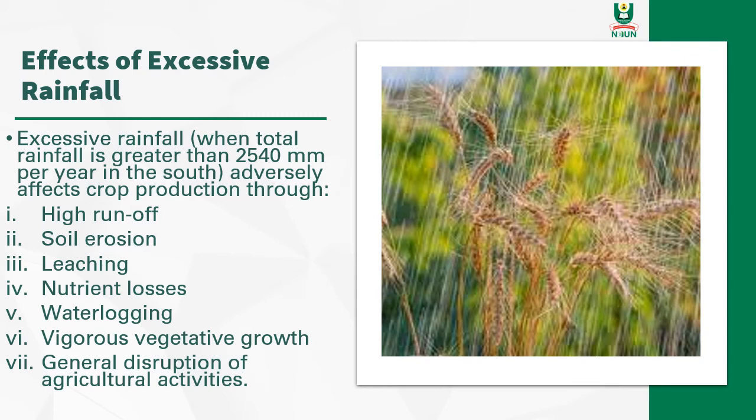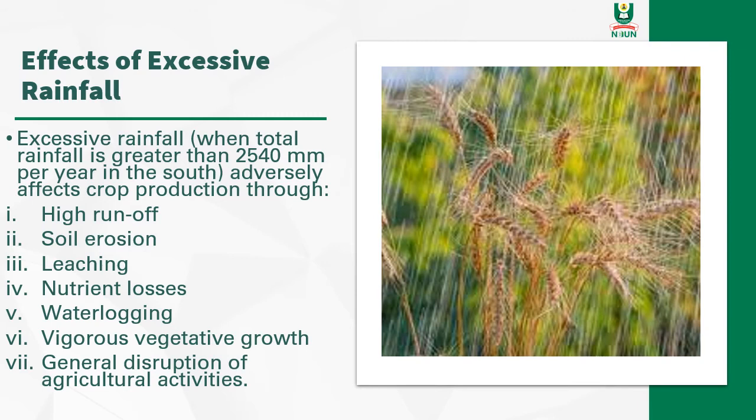It's important to note also that you can measure rainfall using your rain gauge, and excessive rainfall has adverse effects on crop production, and this includes high runoff, when too much water runs and washes off, and then soil erosion, that is water that washes off the soil surface. Also leaching, that's taking water quite deep into the soil below the roots so that the roots cannot have access to such water.